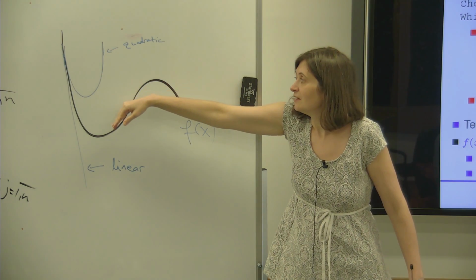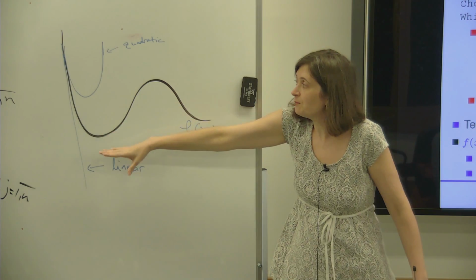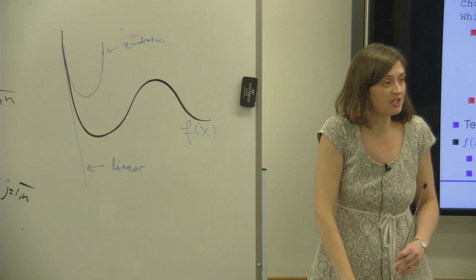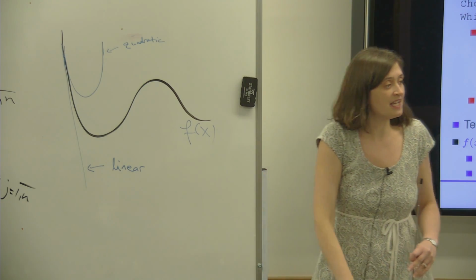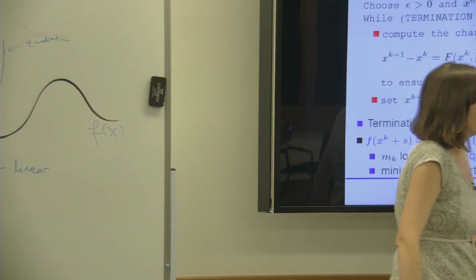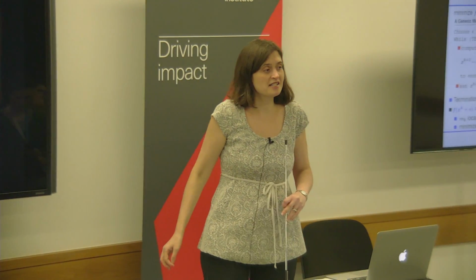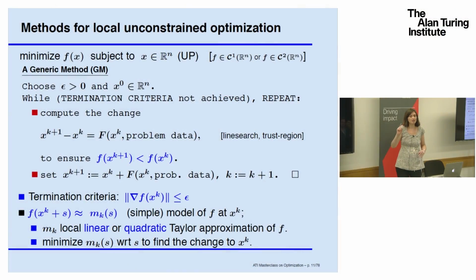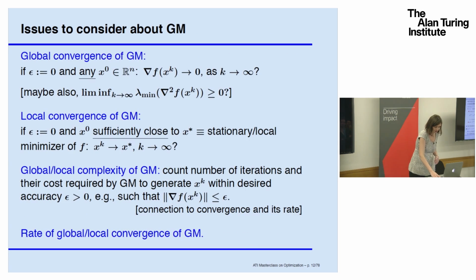Okay? Right. So at every x_k, I approximate my function based on the information I have. And then what I say is, instead of minimizing my complicated function f, I'm going to minimize one of these simple models to get the change in x_k. Things are not so simple, but that's the first thing I'm going to do usually.